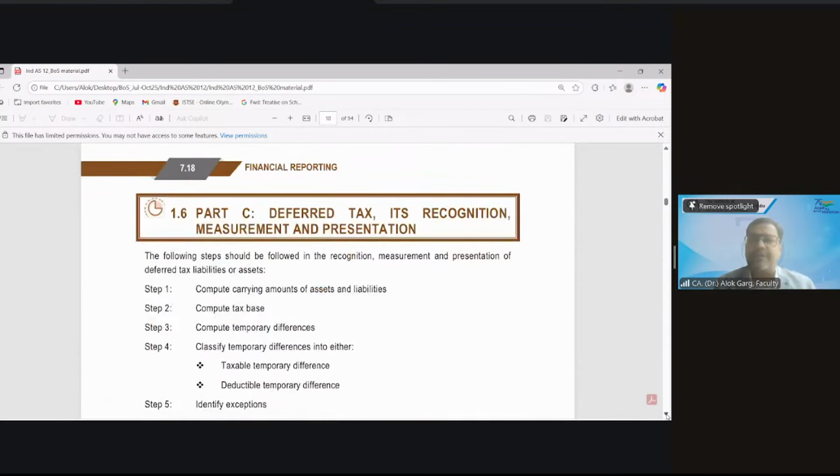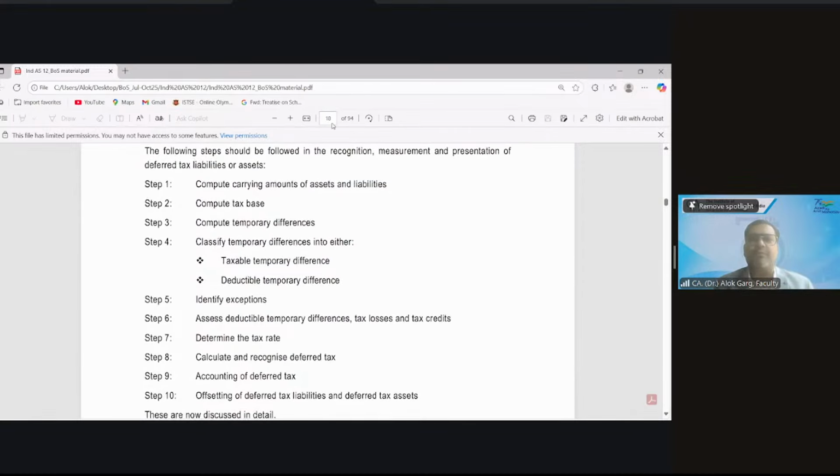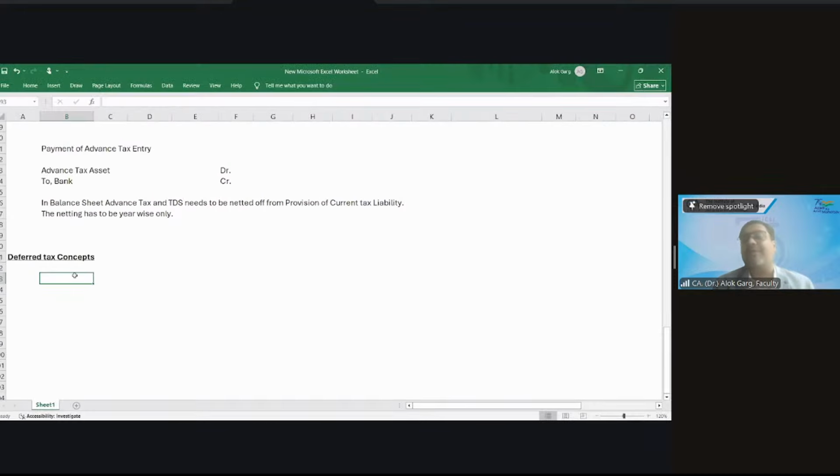Clear? So friends, now we'll move to deferred tax. As the word suggests, what is meant by deferred tax? Current tax is the tax payable or recoverable for the current period, for the current year. What is deferred tax?